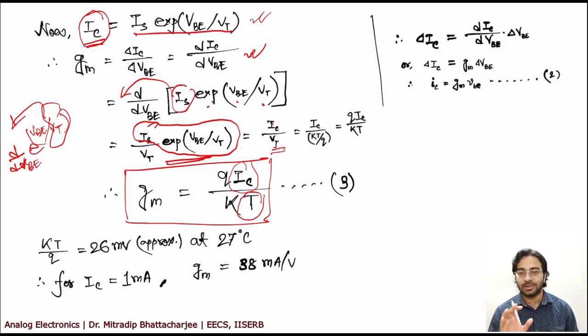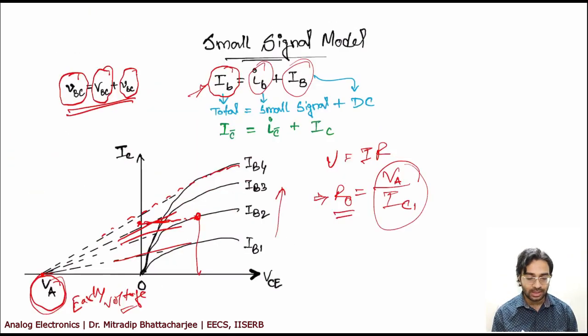It is not for a specific region or specific temperature which you cannot maintain. So one option is you can increase the IC. Now what will happen if you increase the IC? If you check the output characteristics, if you start increasing the IC, there is a chance of entering into the saturation.